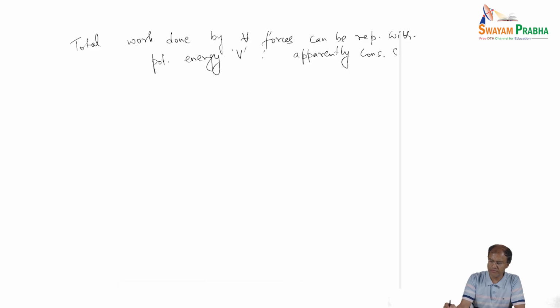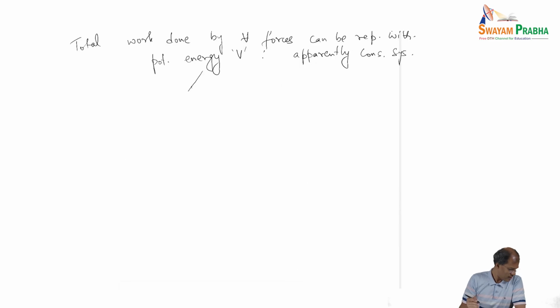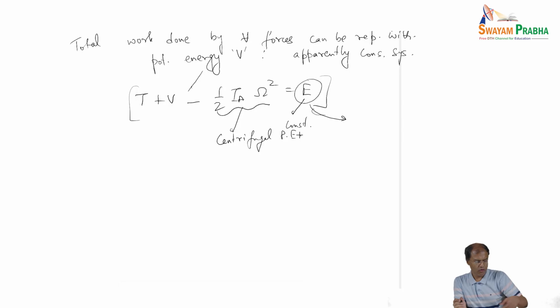In this case we have T plus V, where V is our potential, T plus V minus half I omega square is equal to E, and this is our constant of the system, the total energy E. This new quantity in the energy equation is the so-called centrifugal potential energy, and that's about what we wanted to say.